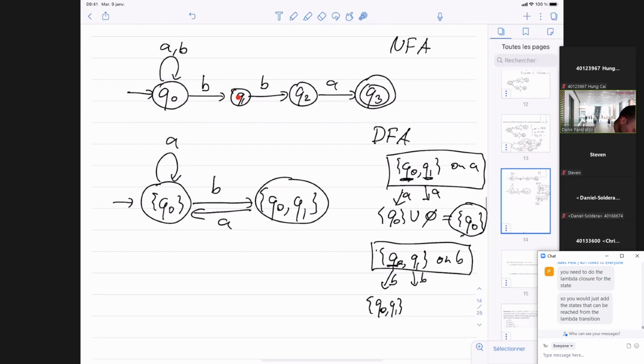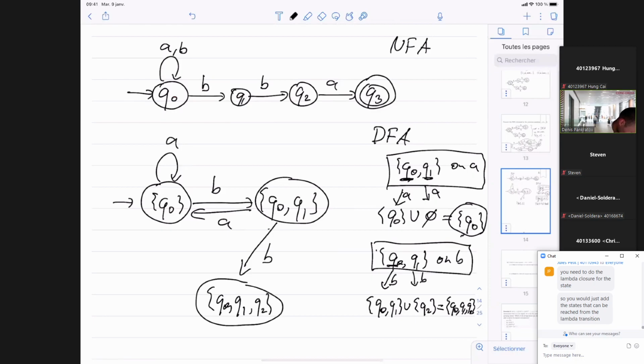If you're in Q1 and you see B, you can transition to Q2. So you take the union of the two, and that defines a new state for you, Q0, Q1, Q2. So we don't have a state labeled Q0, Q1, Q2. We need to create it. So Q0, Q1, Q2. We create this state.